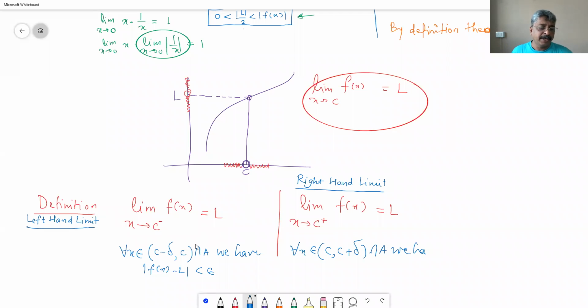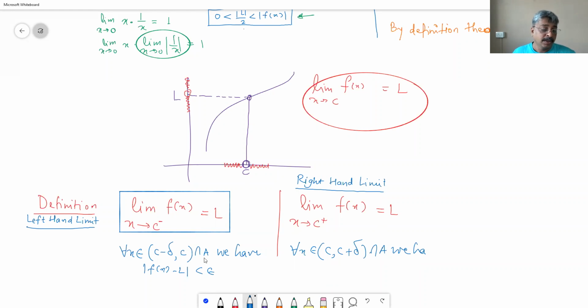So for the left hand limit, the only change you make in the definition of the limit is, of course, where the limit was given, you write this first part, and for every epsilon greater than 0, there exists delta greater than 0, such that for every x belonging to the open interval c minus delta to c intersection A, we have this. For the right hand limit, the open interval c to c plus delta, you have the same thing.